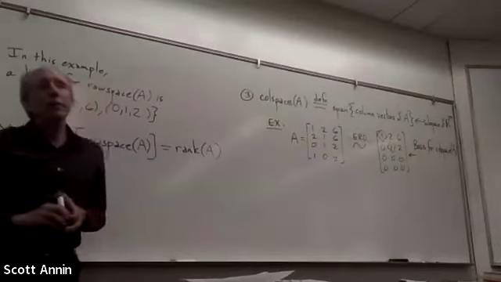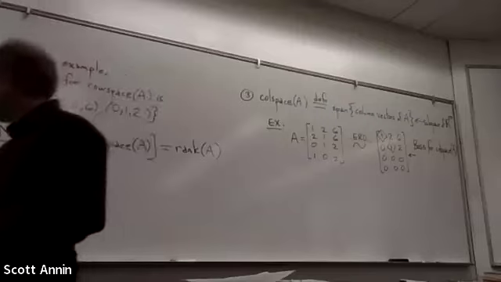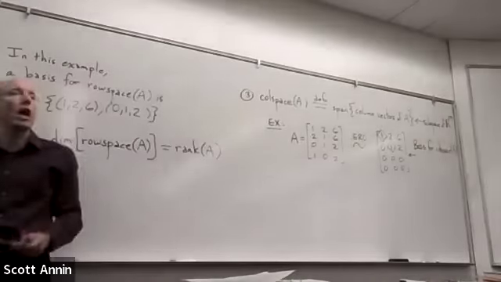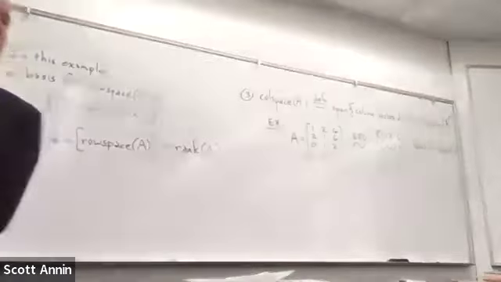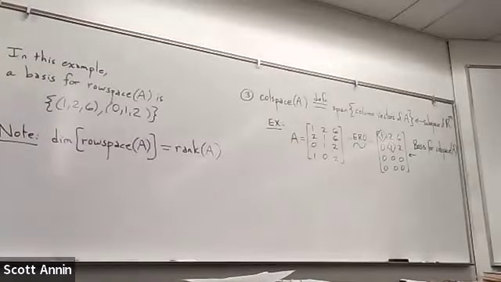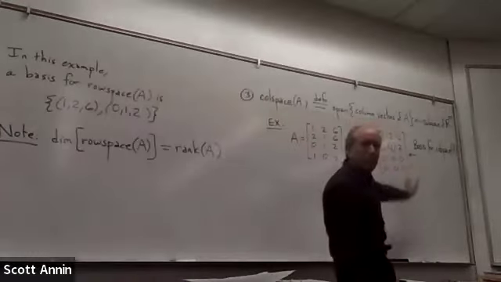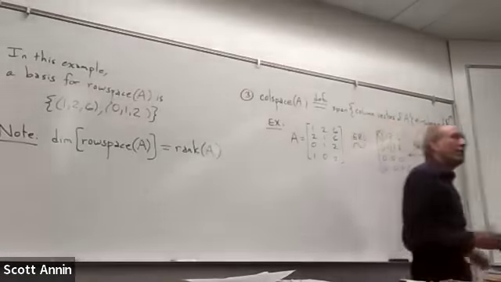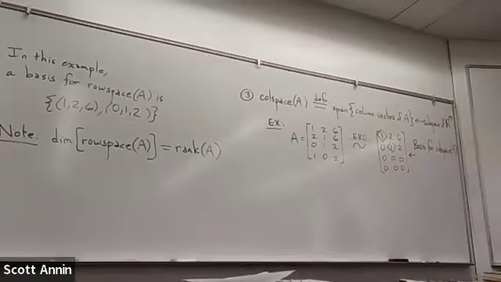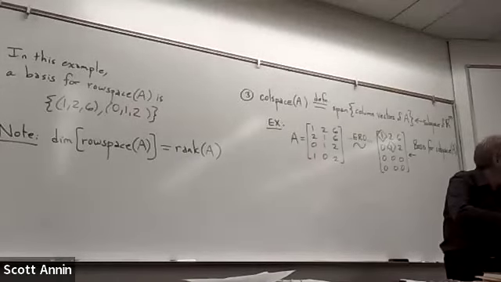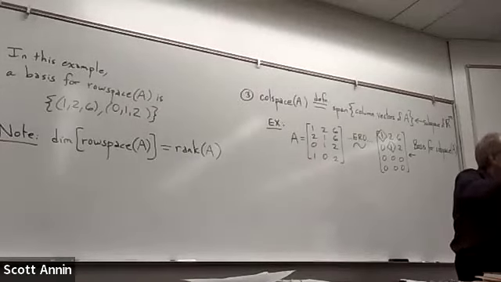you might think that I'm just going to take the pivoted columns of the row echelon form. After all, to get the basis for the row space, all I have to do is take the pivoted rows of the row echelon form. So you might think that to get a basis here, I would just take these two pivoted columns. But it turns out it's not quite that easy, because when you do EROs, you're messing with the rows, right?